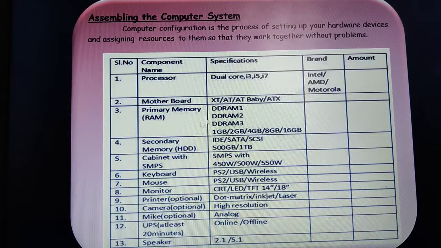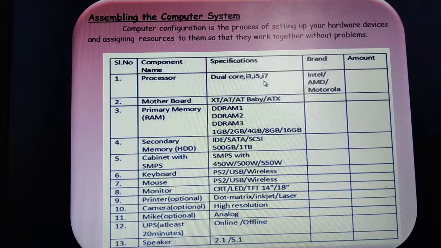And then what are the brand names of microprocessors? Might be Intel or AMD or Motorola. So the processor will be of dual core, i3, i5, i7 or Intel Pentium 1, Pentium 2, 3, 4, Intel Pentium Pro. There are different kinds of processors available, but the latest is the i7.